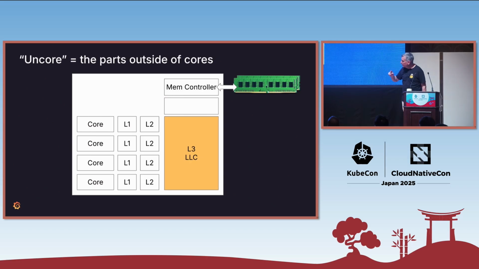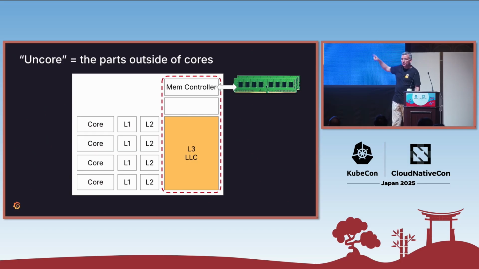So if those are cores in your CPU, and the level 1 cache, the level 2 cache, those are all attached to the core, then uncore is everything that's not in the core. And this is a word that Intel and AMD and so on use. I didn't make up this word. Particularly things like the L3 cache, which they call the LLC, the last level cache.